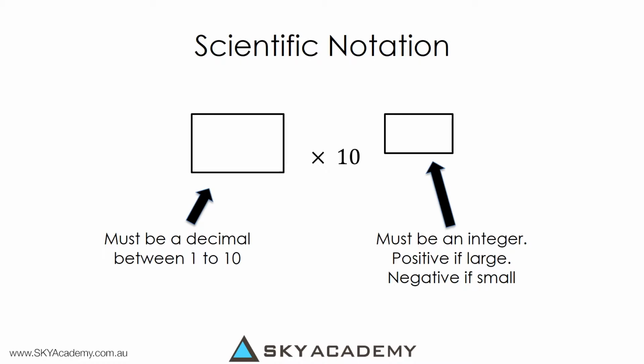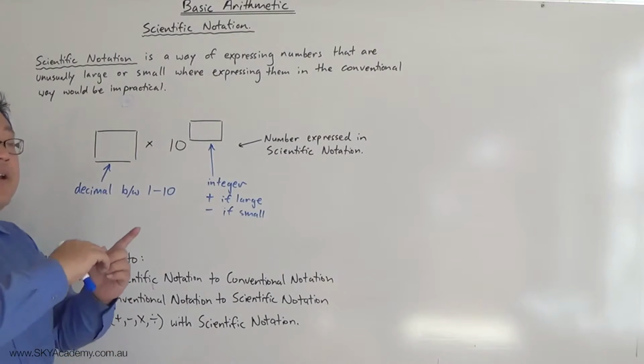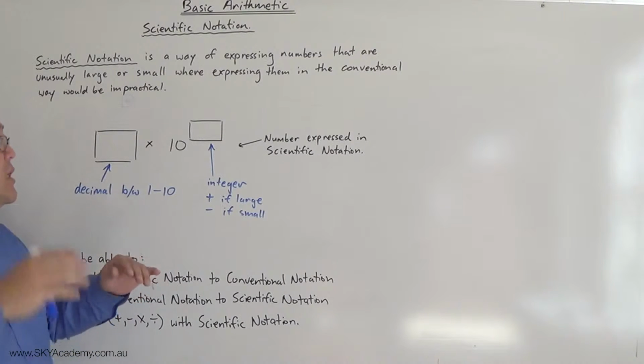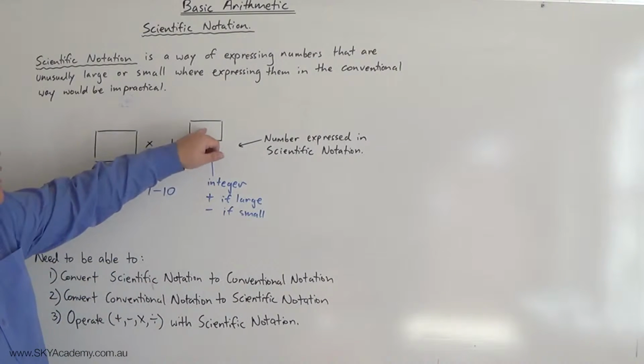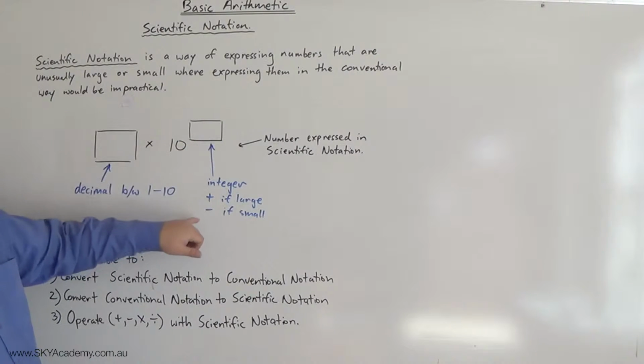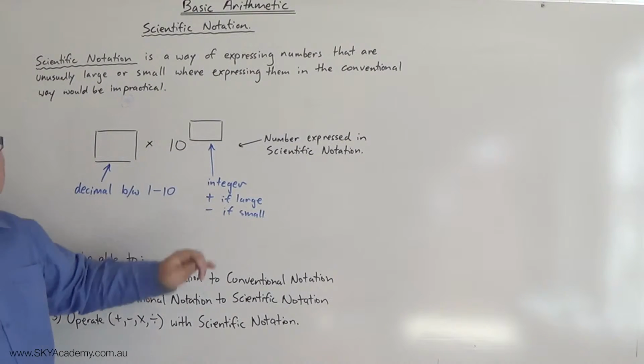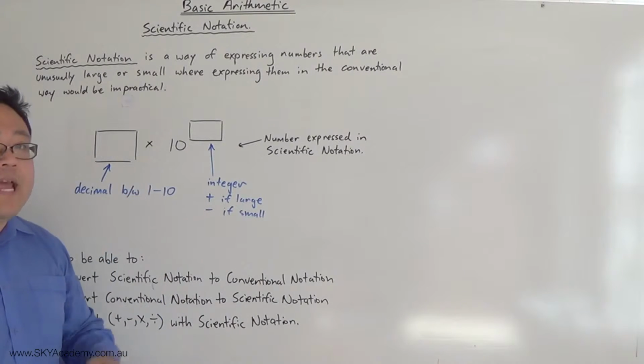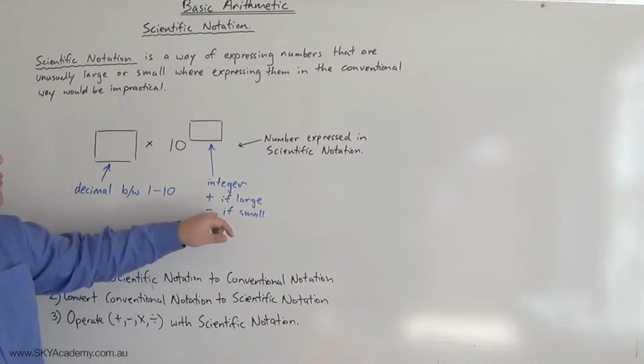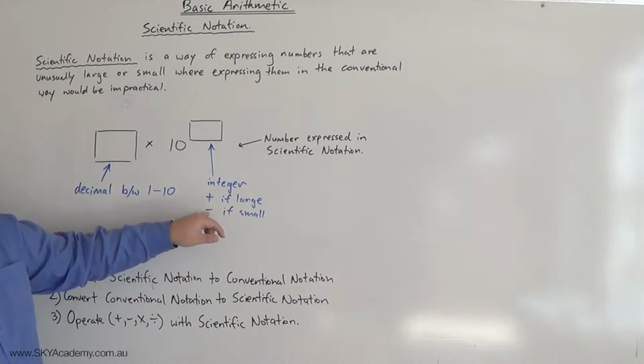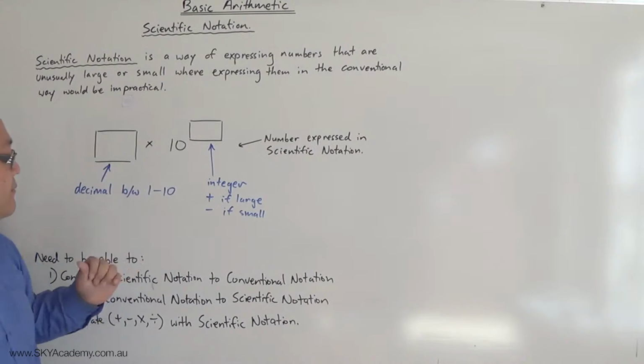If it's got a large magnitude, like the distance between here and the furthest planet, it's going to be a positive power of 10. If it's really small, like the width of an atom, the power will be negative.